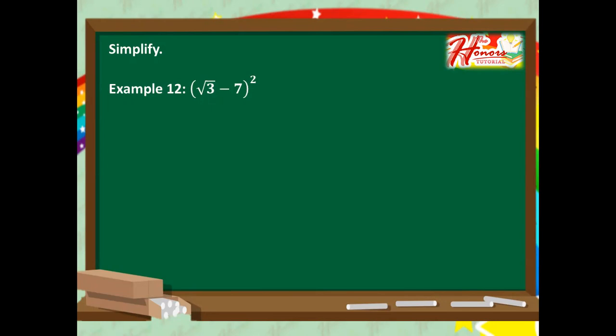We have here the quantity of square root of 3 minus 7 squared. And this is how you are going to solve for it. Let's expand this. It will become the square root of 3 minus 7 times square root of 3 minus 7.